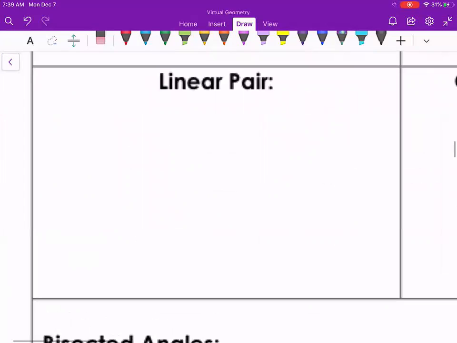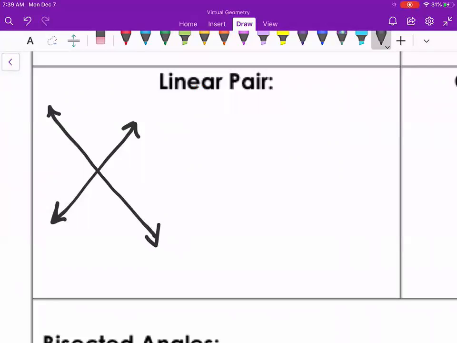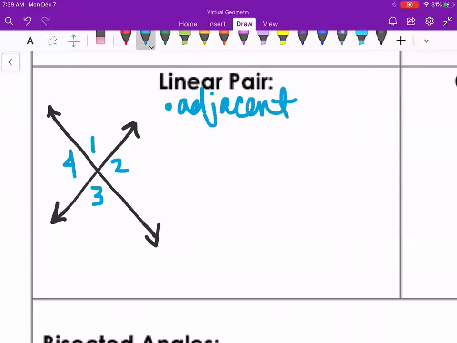All right, from vertical, we had another kind of angle pair, which was a linear pair. So similar picture. But this time, linear pairs, let's get some numbers up here again. Linear pairs are adjacent. Okay, linear pairs have to be adjacent. So I could say angles 1 and angle 2 could work. I could keep working my way around.